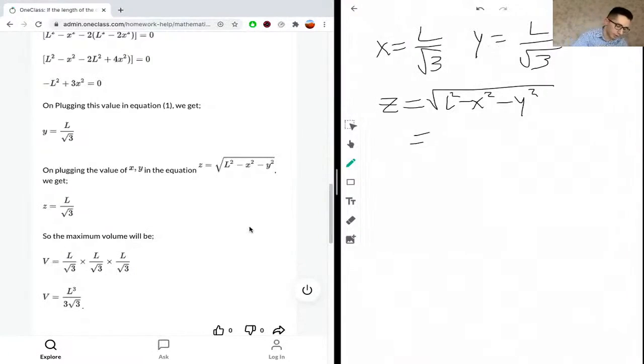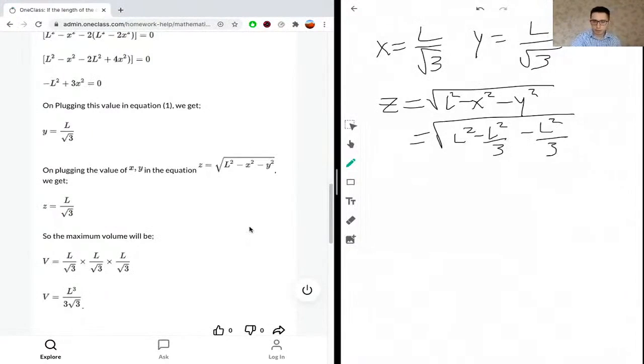So here we have the square root of L squared minus L squared over 3 minus L squared over 3.